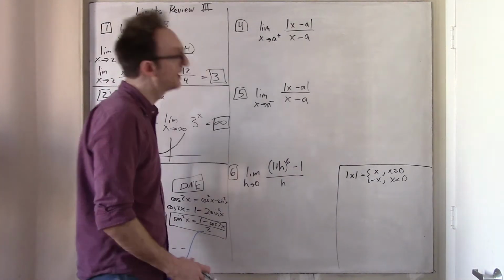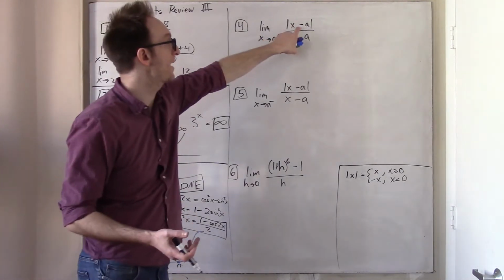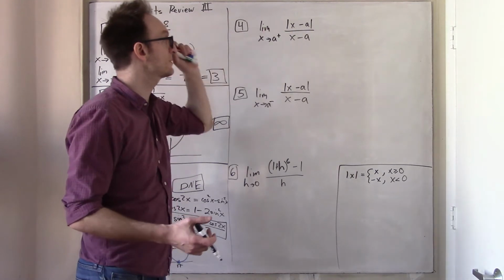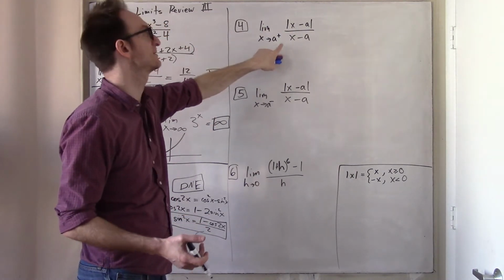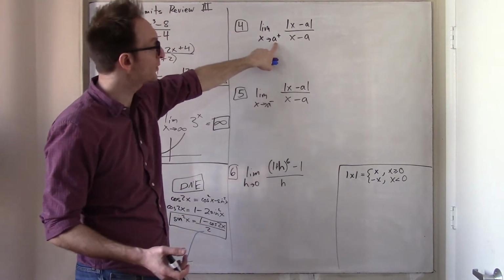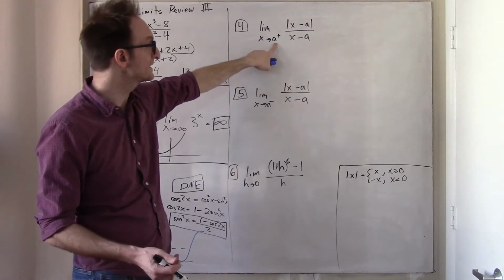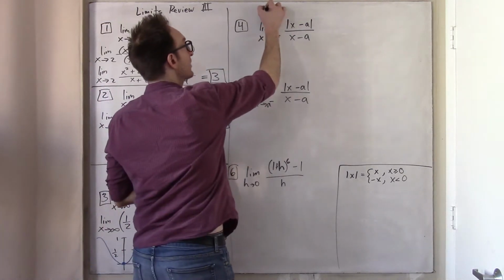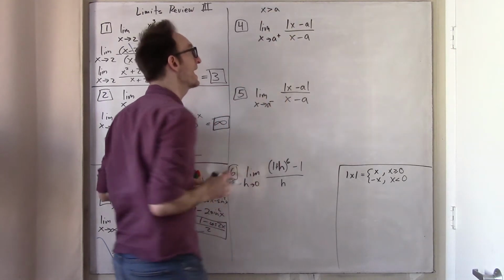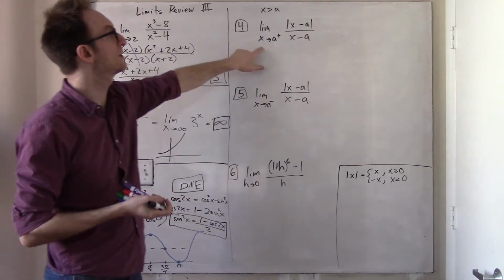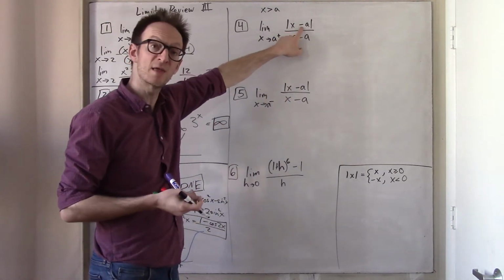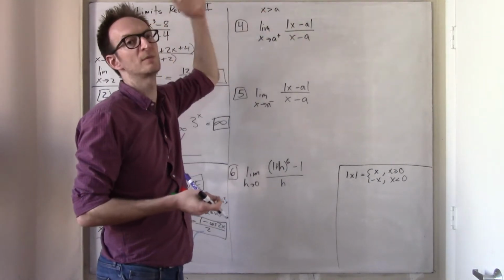What do I know about absolute value x minus a? Well, it depends on whether the thing on the inside is positive or negative. In this case, since we're approaching a from the right, x is always a little bit bigger than a. And if x is always a little bit bigger than a, then necessarily the thing on the inside of the absolute value will be positive.